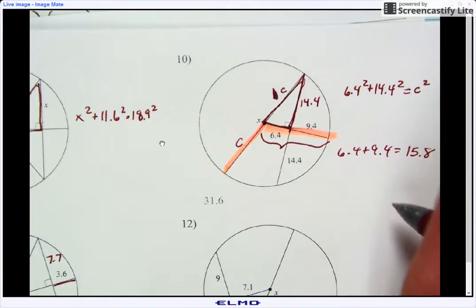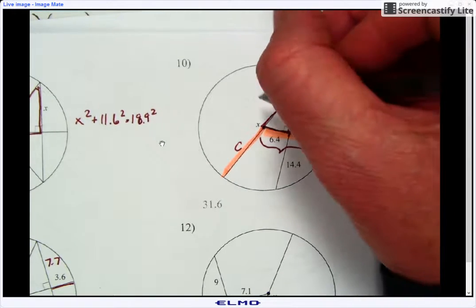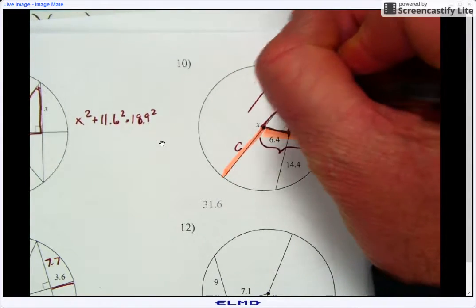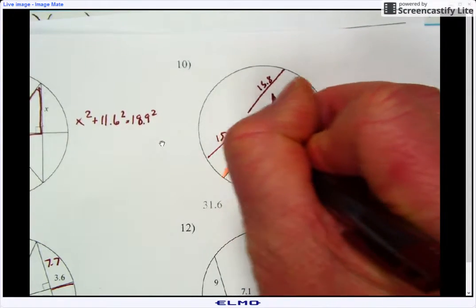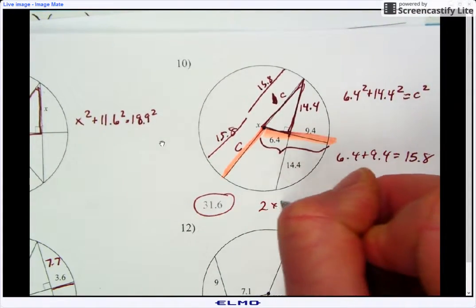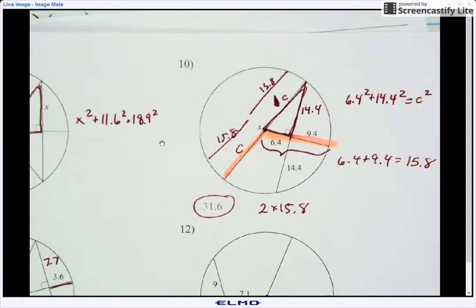That's the radius. Don't need to do Pythagorean theorem, because if the radius is 15.8 and they're both 15.8, so you double it, 2 times 15.8, don't need to do Pythagorean theorem. You could get there with it, but you don't have to do it.